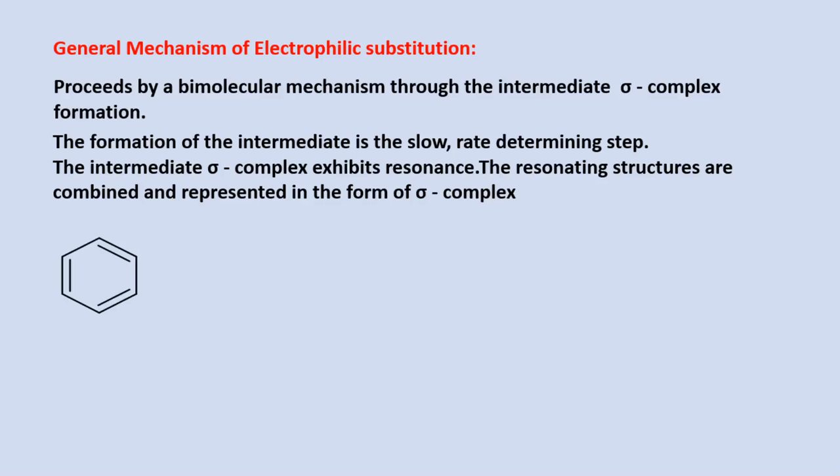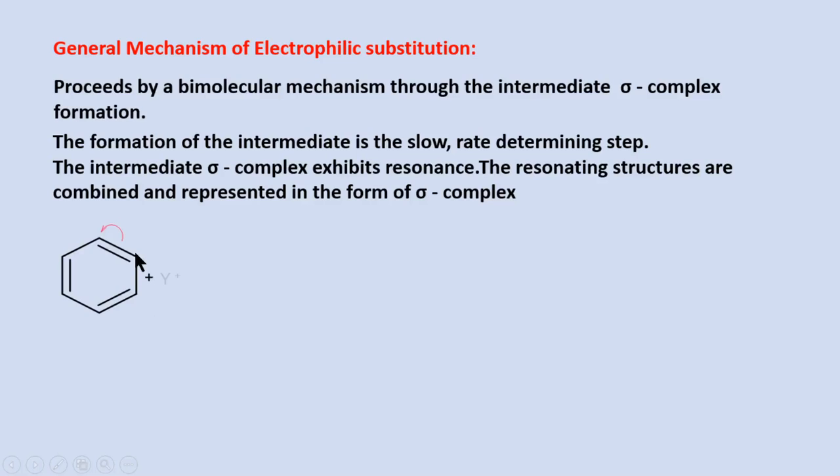For example, when we consider benzene, this is the source of pi electrons. Now out of the 3 pi bonds, 1 pi bond can be shifted onto a particular carbon so that this carbon becomes electron rich and this carbon becomes electron deficient.